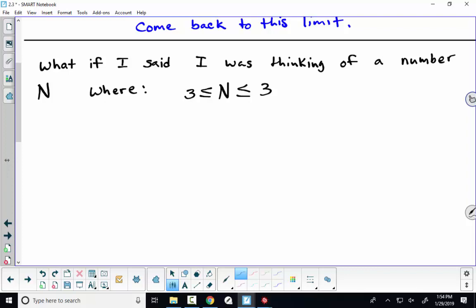What number am I thinking about? 3, right? Does that seem obvious that I'm thinking about 3? If you understand that, then you understand that theorem there below. You understand the squeeze theorem if you understand this.